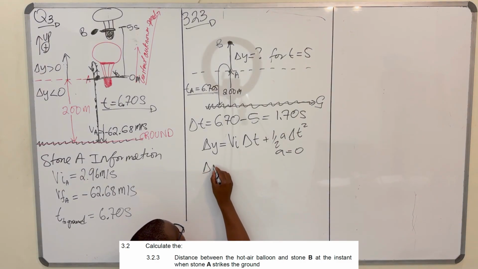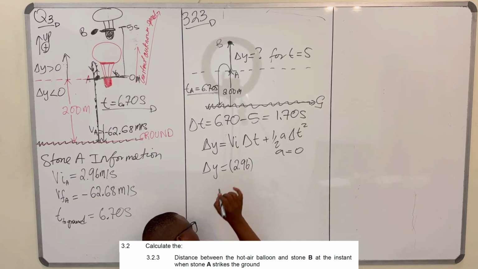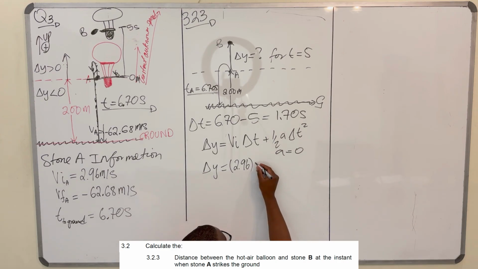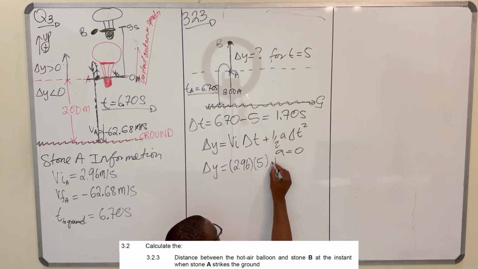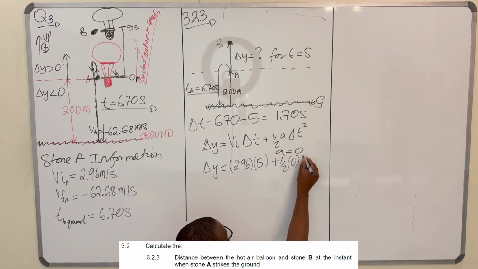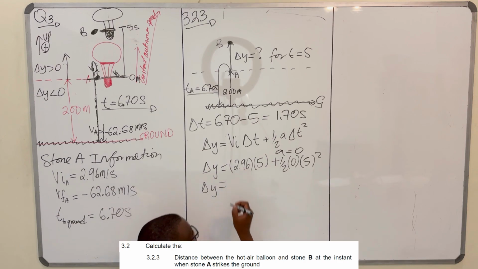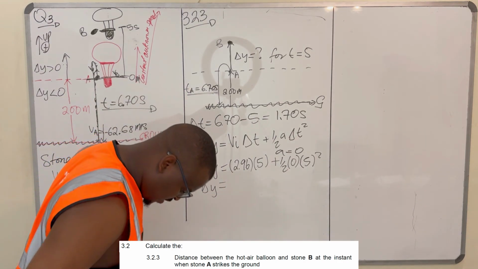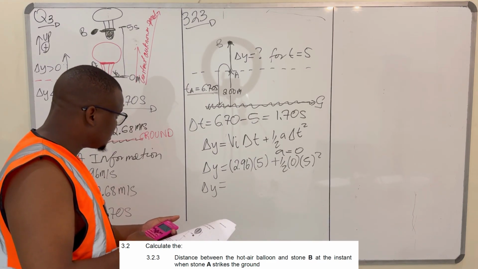So your displacement is equal to V_i, which is 2.96. That's the velocity of the hot air balloon or the stone, times delta t. How much time from here to there? 5 seconds, plus half of your acceleration, which is 0, times 5 seconds all squared. So delta y is equal to 2.96 times 5.